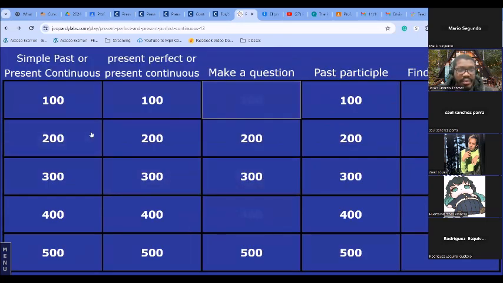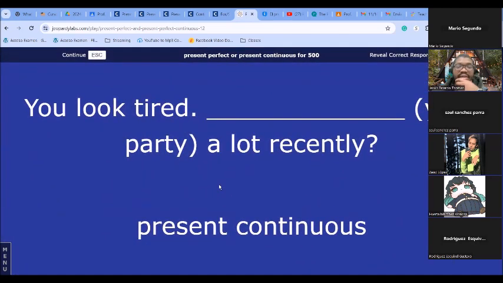Good. Let's continue with Rafa. Present continuous, 500. Present perfect or present continuous. Okay, 500. All right, this is a present continuous.